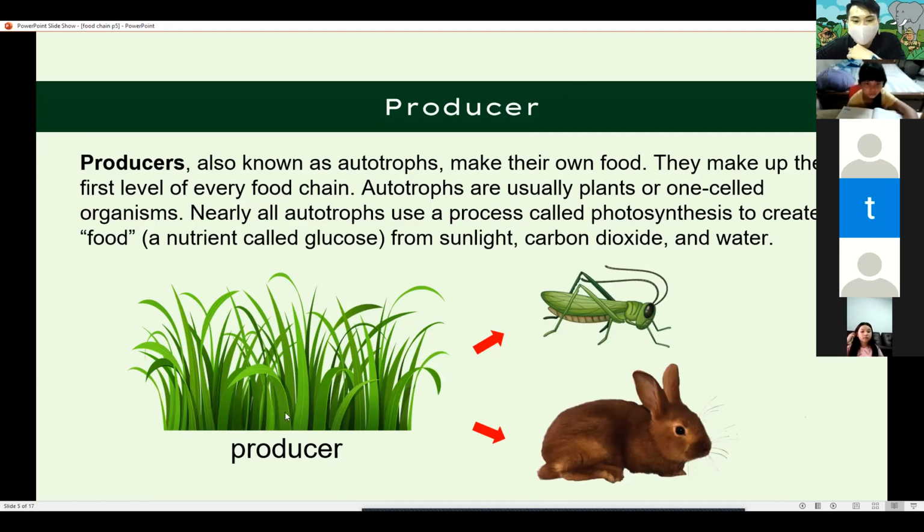Or where do plants get their food? From sunlight, sunlight. What else? From water, and from the carbon dioxide. Also, they get food from the soil. They get nutrients, right?